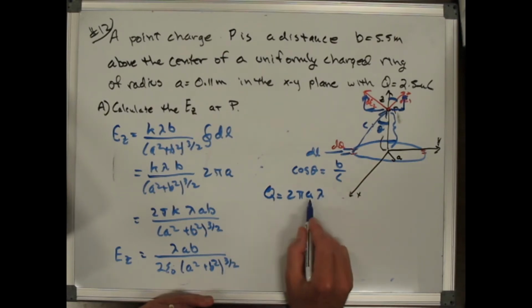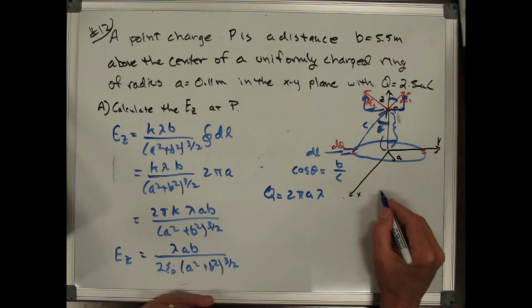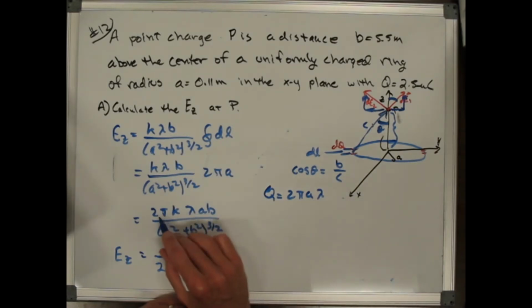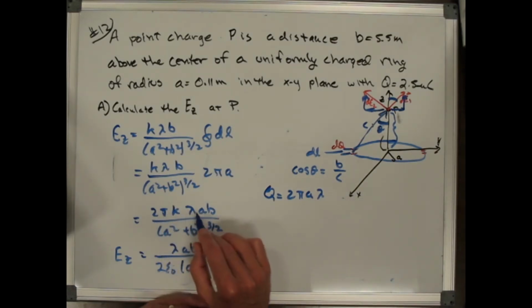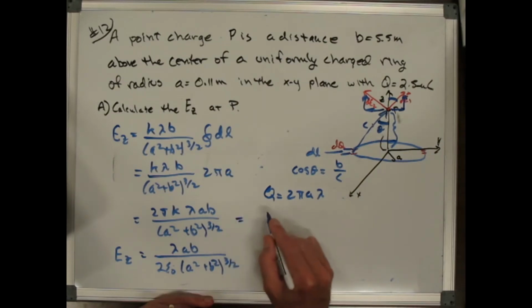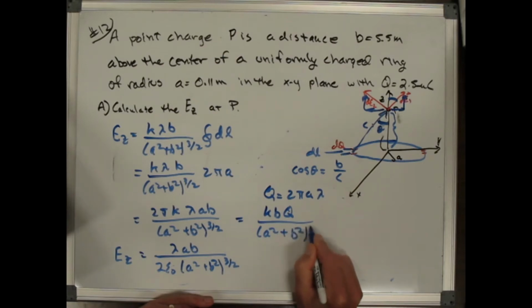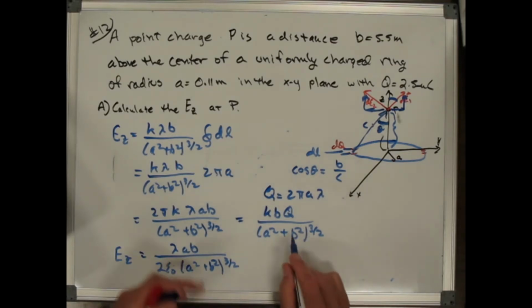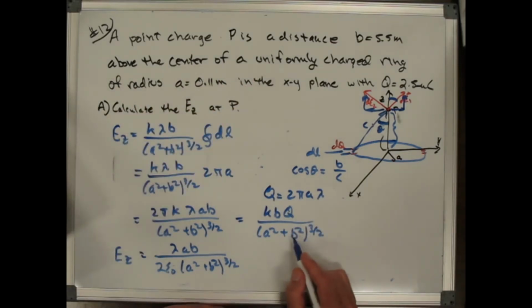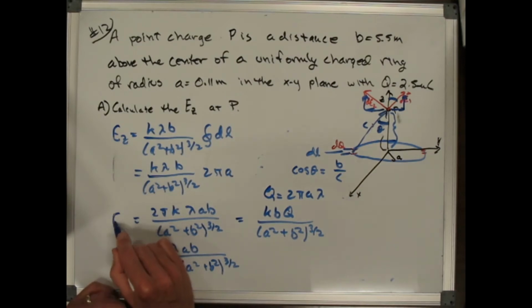If you go back to where I defined this, I said lambda is equal to Q over 2 pi A. So I can replace 2 pi A lambda with Q, and this is equal to k b Q over (a squared plus b squared) to the 3/2. Then you can substitute in the numbers and see what you get for Ez.